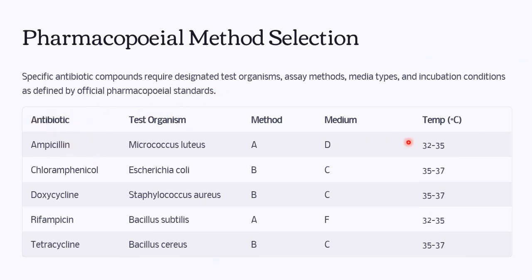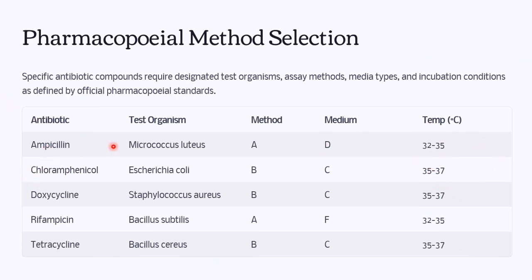This table contains the details of different methods used for the assay of different antibiotic solutions. For example, in case of ampicillin, the microorganism used is Micrococcus luteus and the method is method A, that is, the diffusion method, and the medium used is medium D and temperature condition 32 to 35 degrees Celsius.